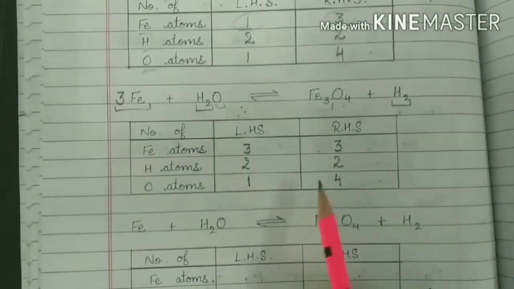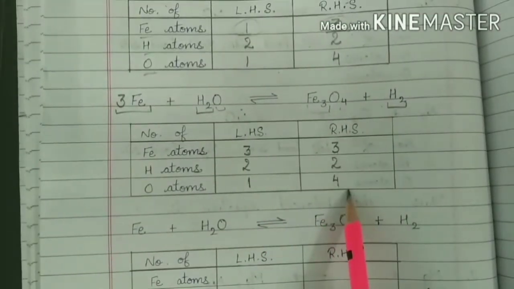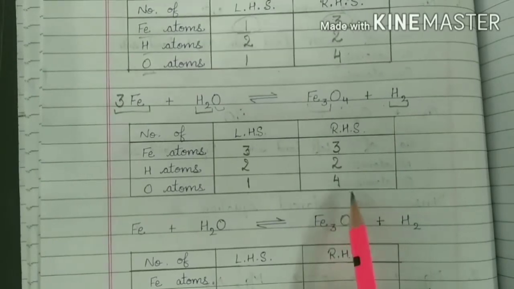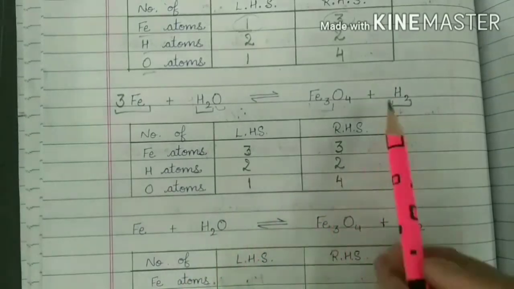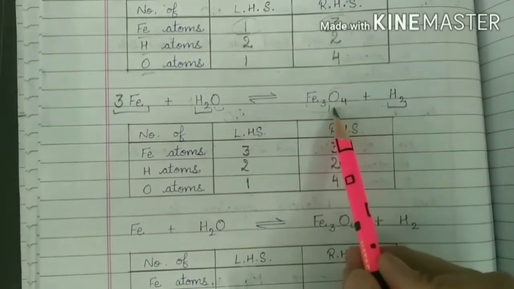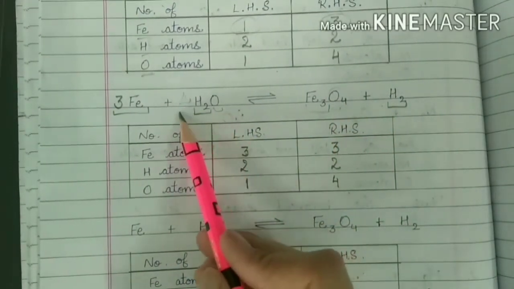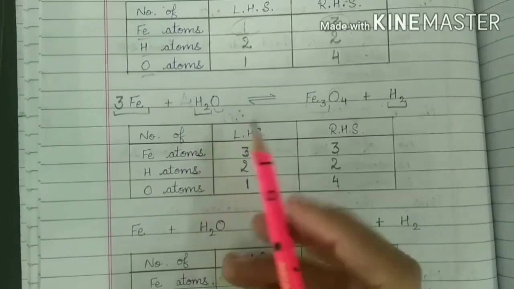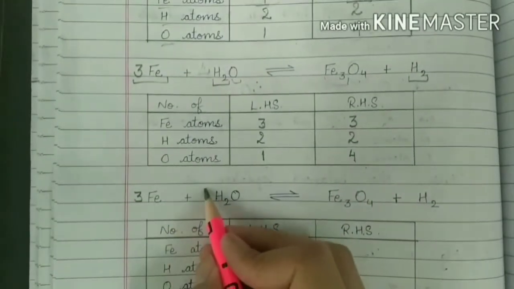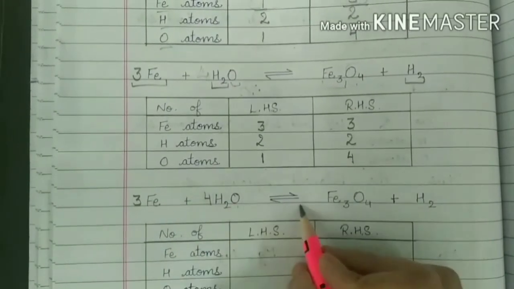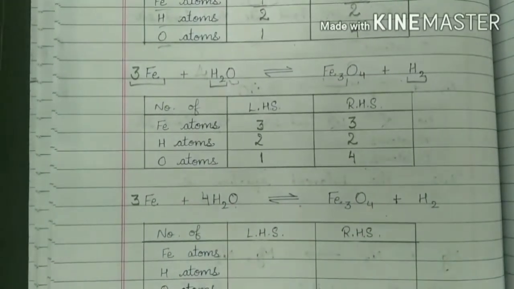Now here oxygen atoms are not balanced. So to balance oxygen atoms we can put 4 in front of H2O, because here we have 4 oxygen atoms. अगर हम यहाँ पे 4 लगाएंगे तो यहाँ पे भी 4 oxygen atoms हो जाएंगे. So we can write the equation as 3Fe plus 4H2O gives Fe3O4 plus H2.